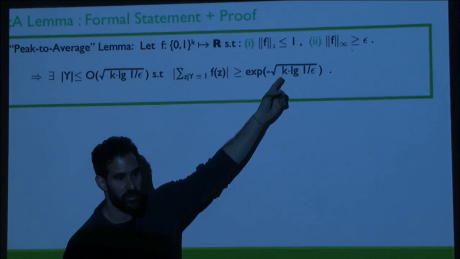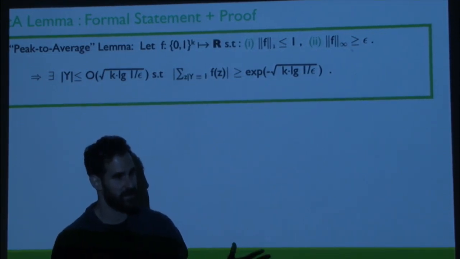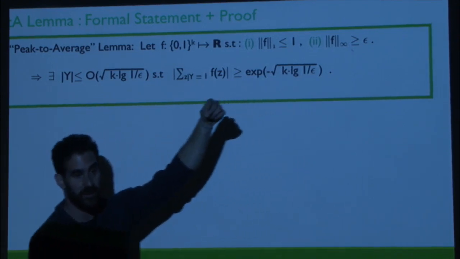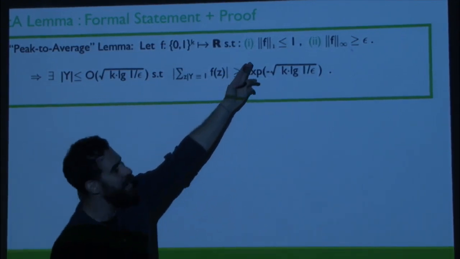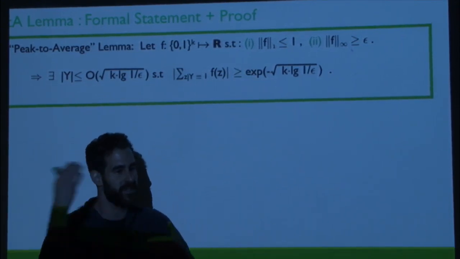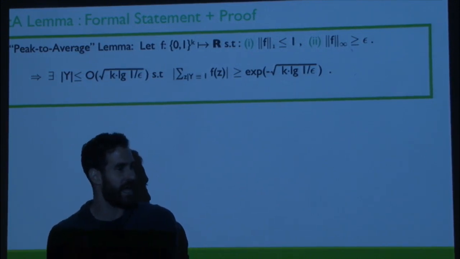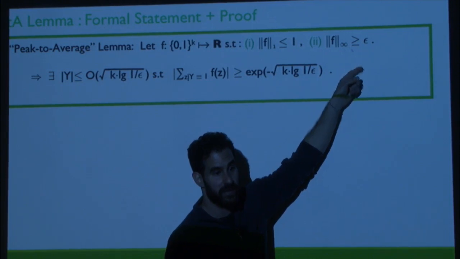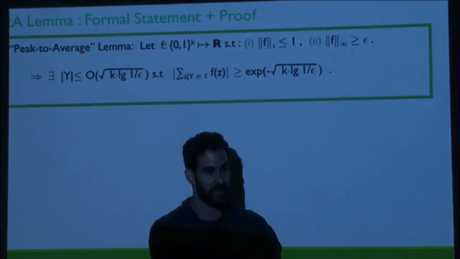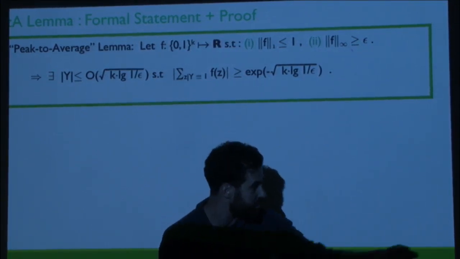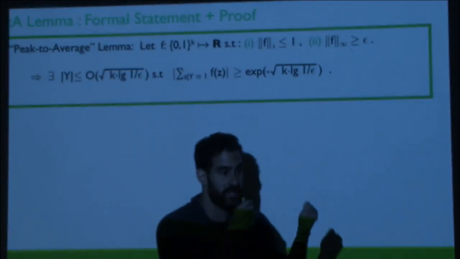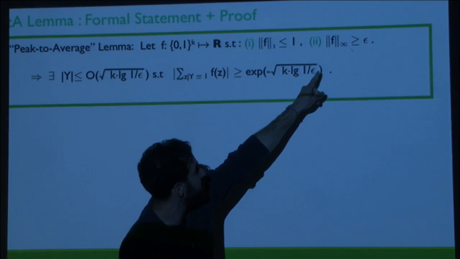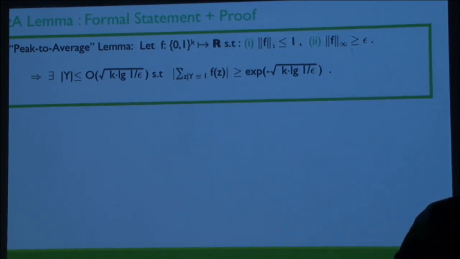And you know that its L1 norm is at most 1, so it has bounded L1 norm. And it has some peak, some L infinity, and you can translate it. f in our language will be the posterior bias conditioned on Alice's message that Bob had. And the peak is going to be the assignment, conditioned on the good event, on which Bob can completely predict the function. And we know that it occurs with probability epsilon.